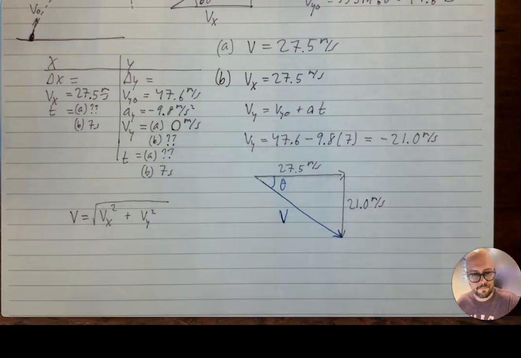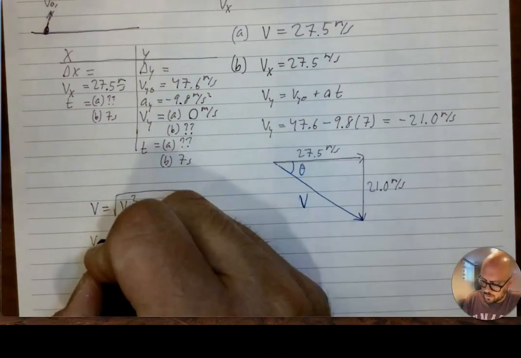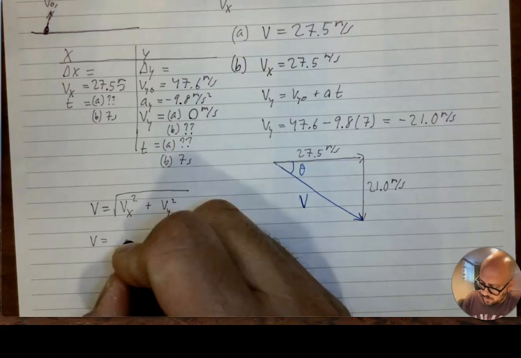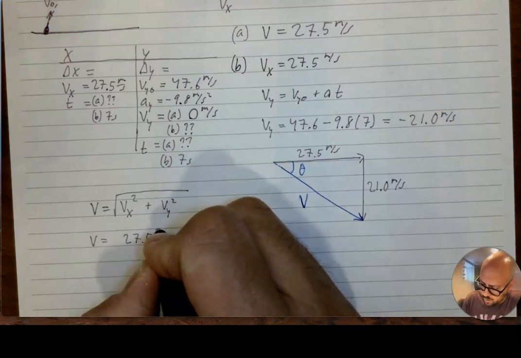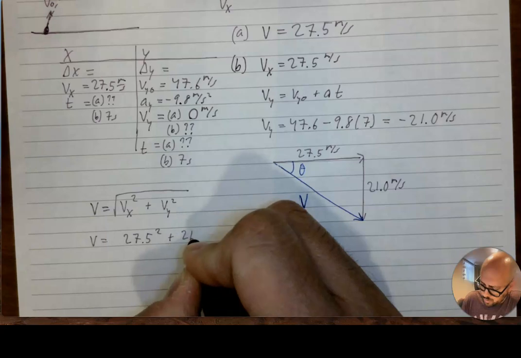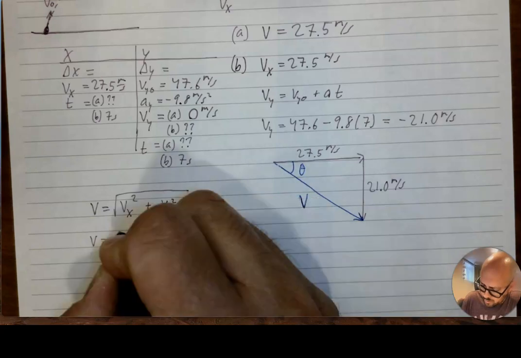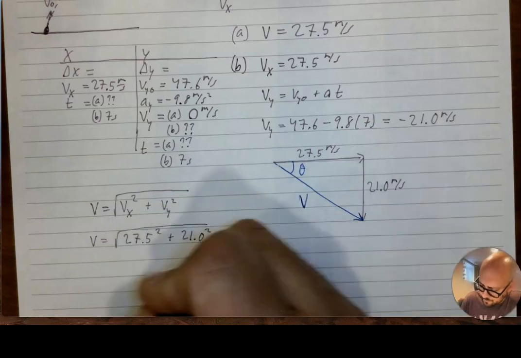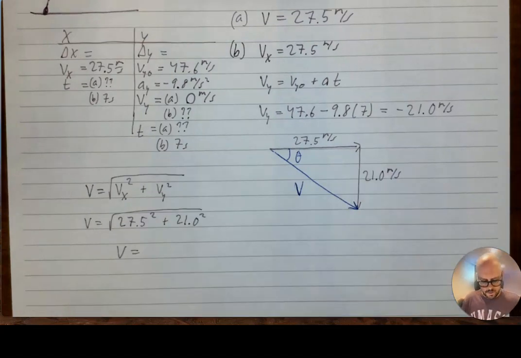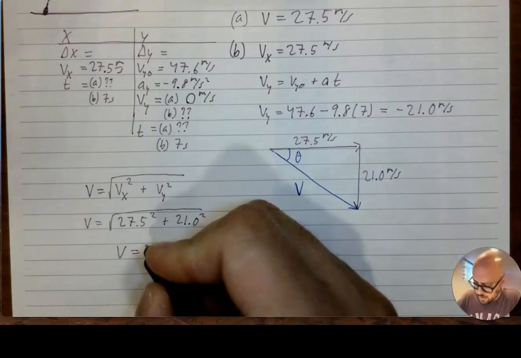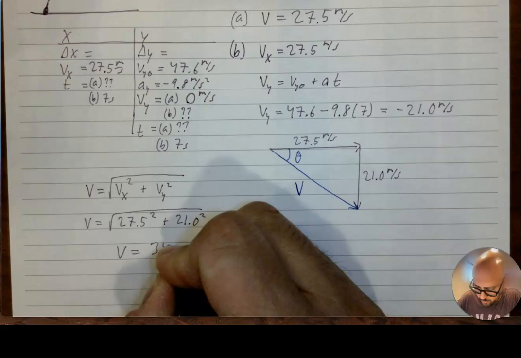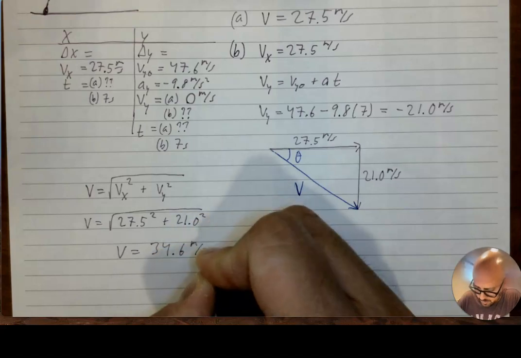So that's the Pythagorean theorem solved for the hypotenuse. The final speed is going to be the square root of 27.5 squared plus 21 squared, which is 34.6 meters per second.